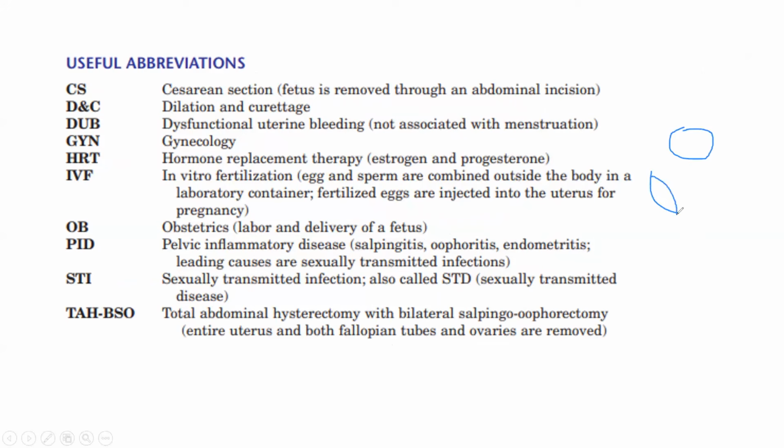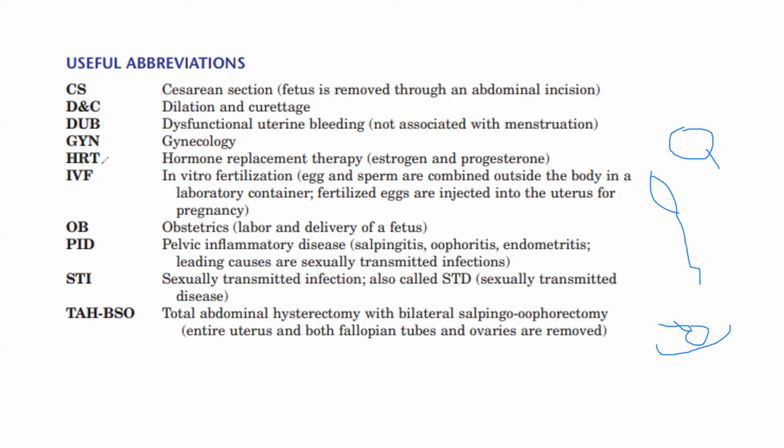But for example, the mother is unable, some problem with the uterus, or some problem with the tubes, fallopian tube. So we take this ovum out in the laboratory and we put a sperm over here, sperm of the father. So fertilization takes place outside the body. So this is called in vitro fertilization, IVF. Then this can be put into the uterus and the child can grow.